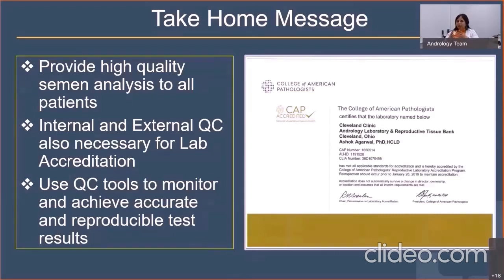And how is this achieved? By instituting strict implementation of internal and external quality control within the laboratory, which is also necessary for lab accreditation. I have highlighted several quality control tools that we use in our andrology lab at the Cleveland Clinic to achieve results that are accurate, reproducible, and reliable.